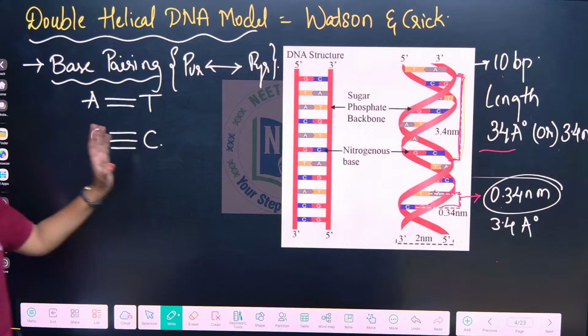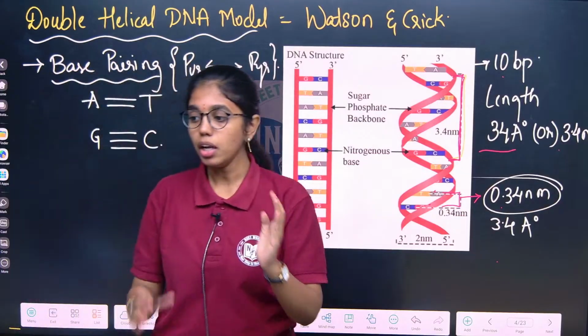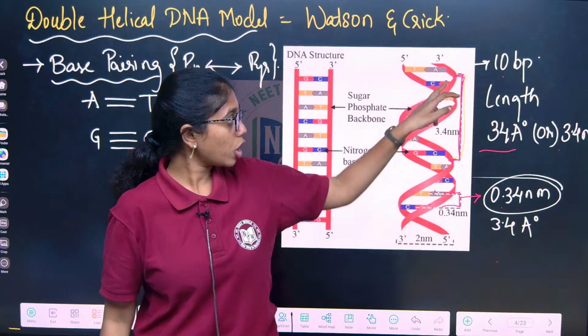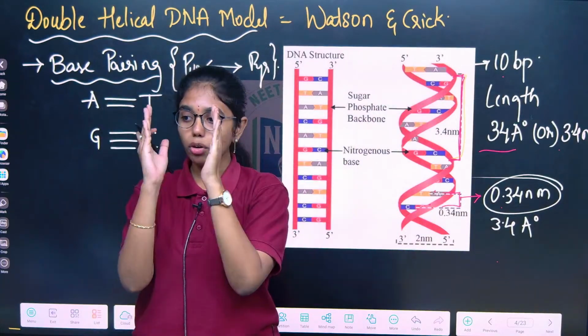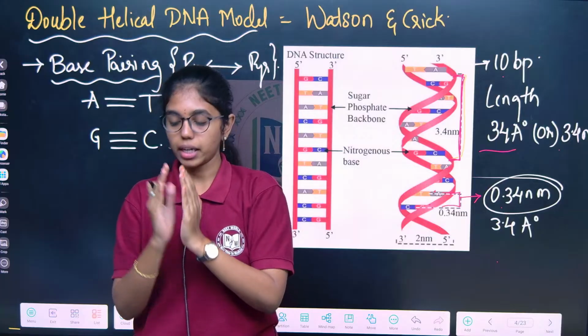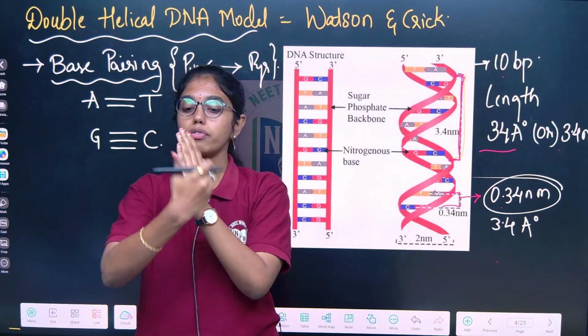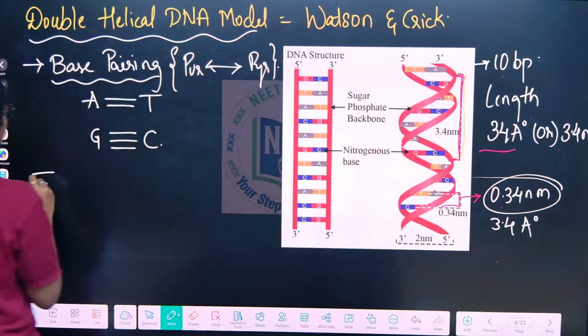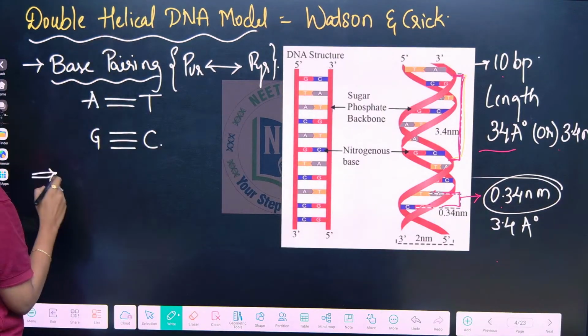No, right? And here in this double helical model, towards inner side, listen carefully, because of this hydrogen bonding, nitrogen bases are phased towards inner side, and towards the outer side, sugar phosphate backbone is formed. Okay, so DNA double helix is formed by what?